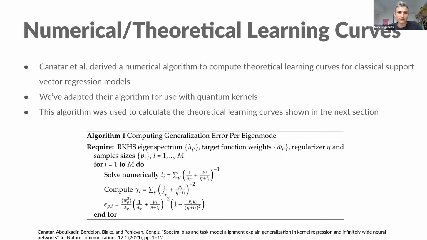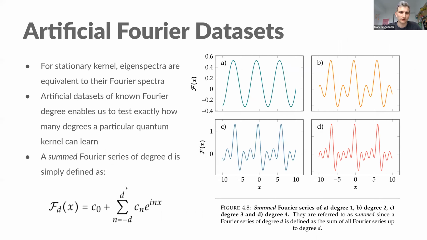So our idea was to take this numerical algorithm and adapt it to the quantum kernel world, and change it in such a way that we can apply it to our types of kernels. Without diving into the details, they've come up with this algorithm shown down here, which we've implemented, and all of the theoretical learning curves that I will be showing you in the next couple of slides were computed using an adaptation of this particular algorithm.